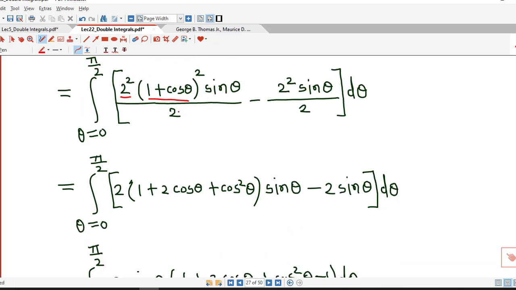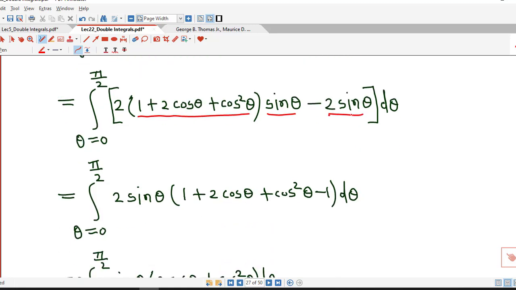Here 2 will cancel out, 2 square divided by 2, that is 2 will remain, and this we expand by using the formula of square of a plus b. We have 1 plus 2 cos theta plus cos square theta, this sin theta as it is. Here also 2 will cancel out and 2 will remain, and minus 2 sin theta.